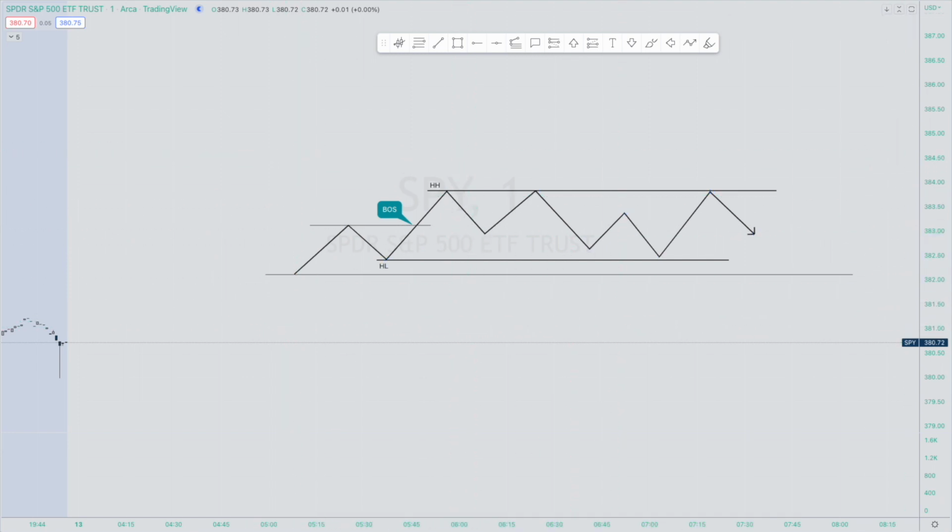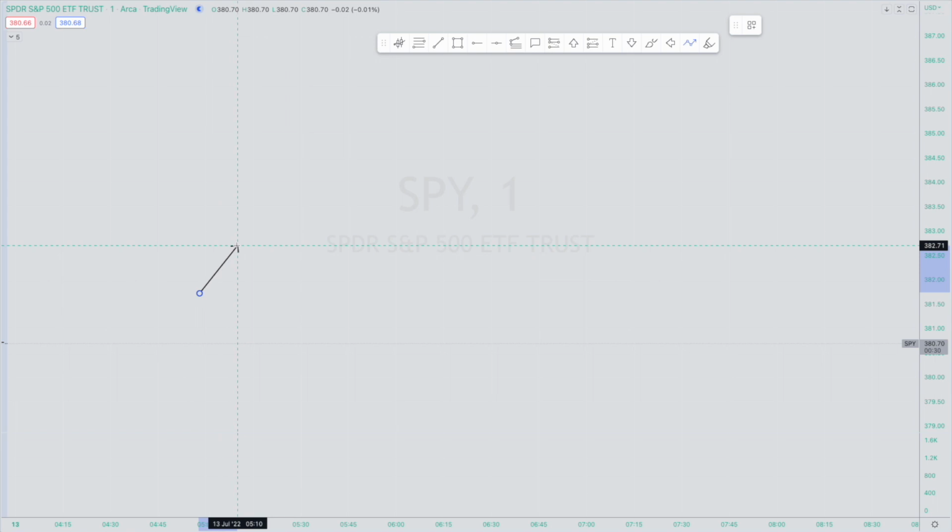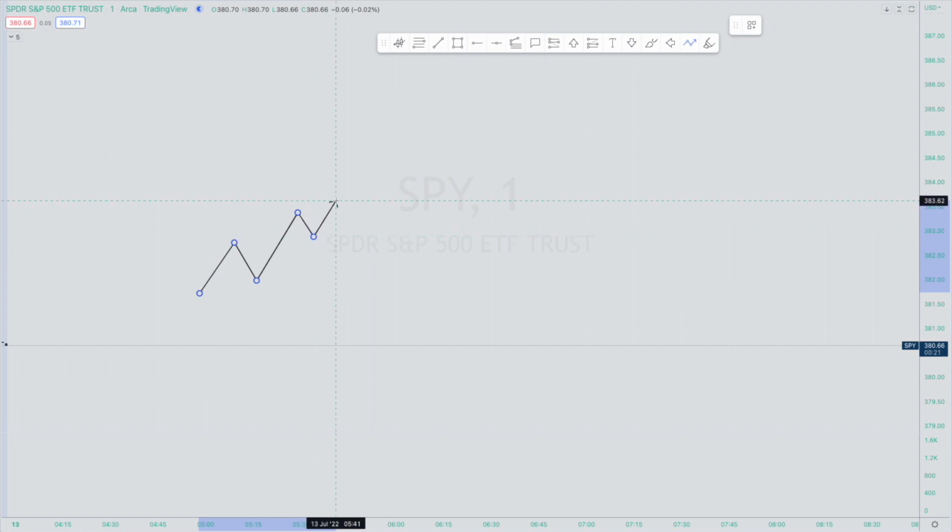So now what I wanted to go over is change of character. So a change of character, usually you have a trend continuation with break of structures. So say we have a high, we have a higher low and a higher high, right? We put in a low, put in a higher high.